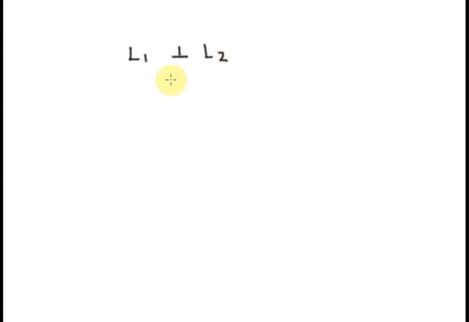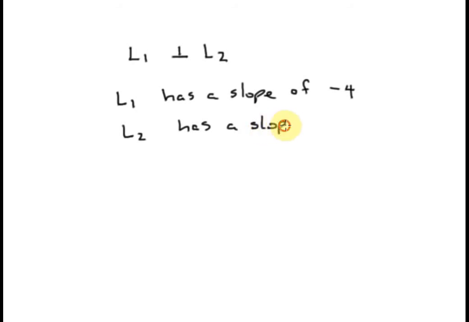In the question it tells us line 1 is perpendicular to line 2, and it also tells us that line 1 has a slope of negative 4. And then we're told line 2 has a slope of k over 7. And so the question now asks, what's k?